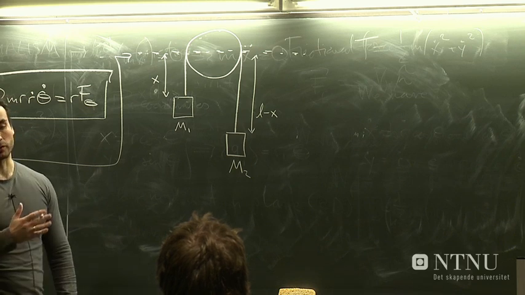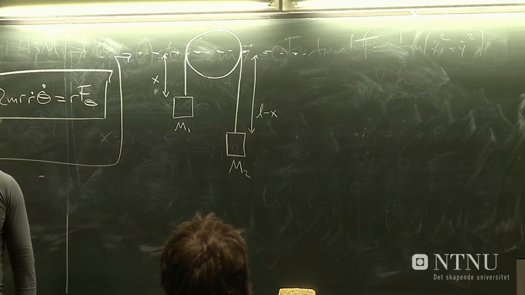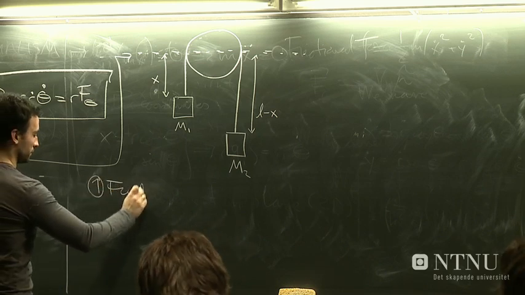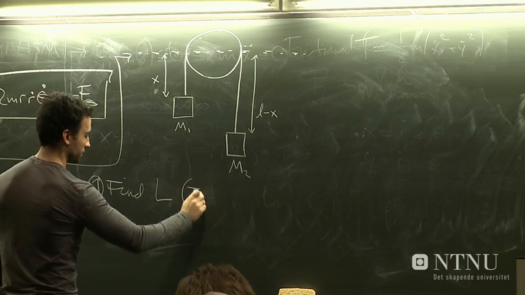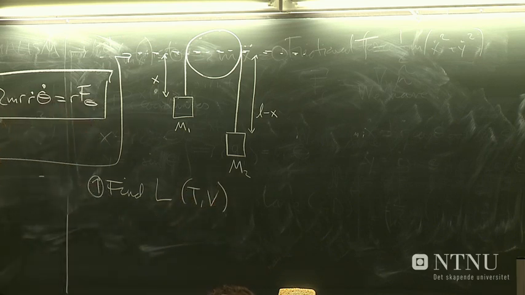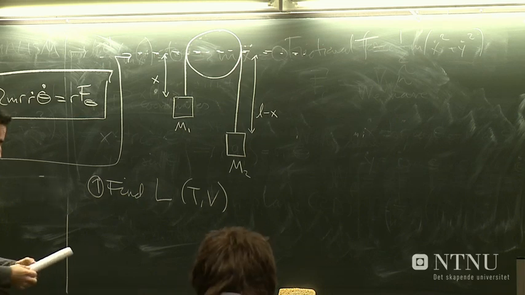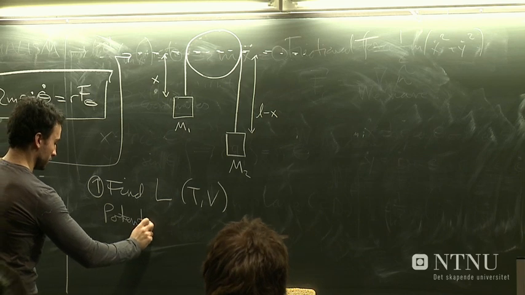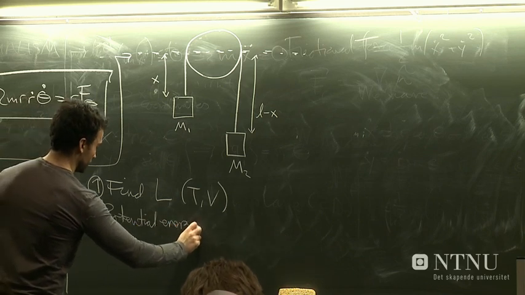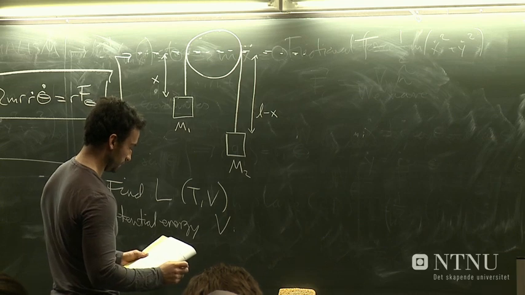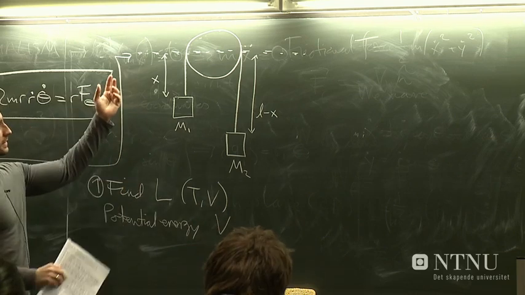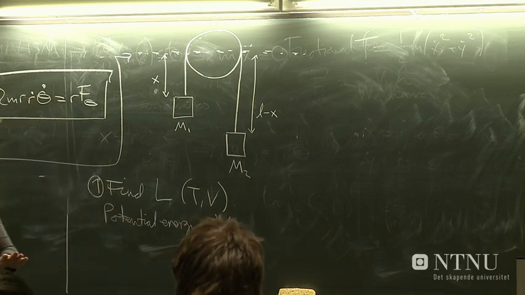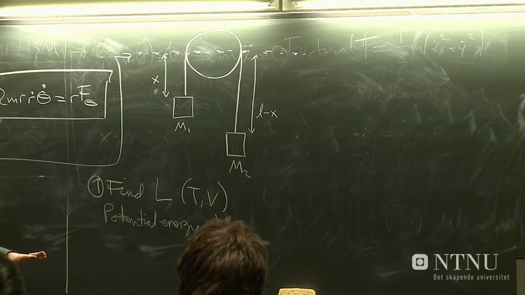If you want to use the Lagrange formalism here, we have to find L first. That's the first thing. So it means we have to find T and V. Well, this dotted line here represents just the reference level of the potential. So remember, I'm free to choose this wherever I like.